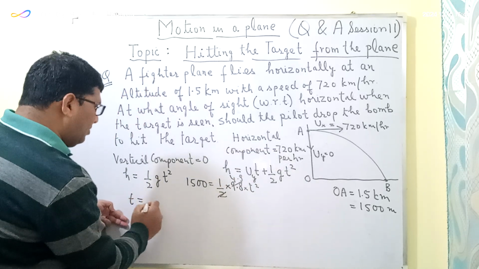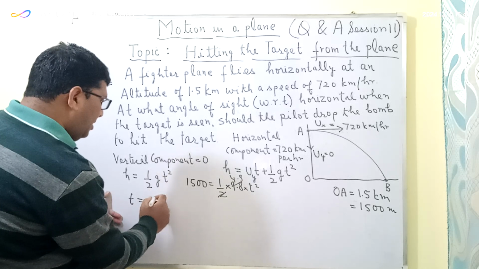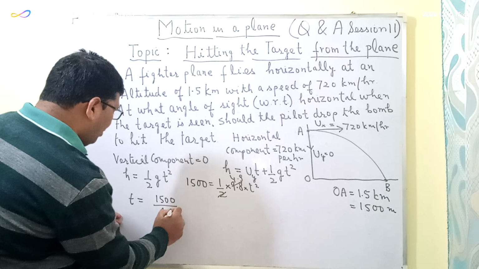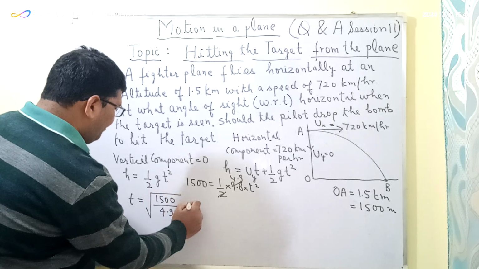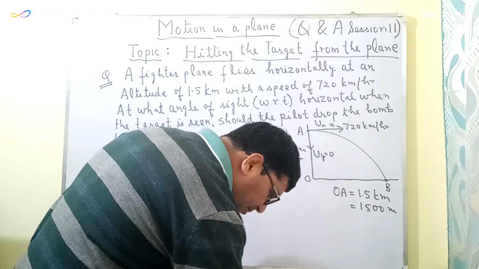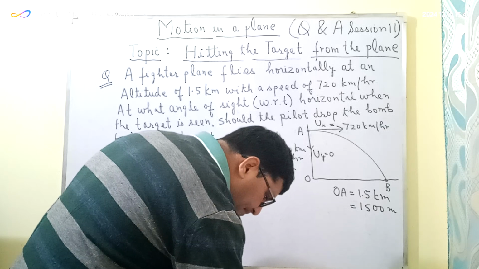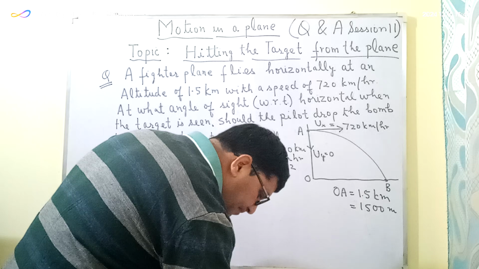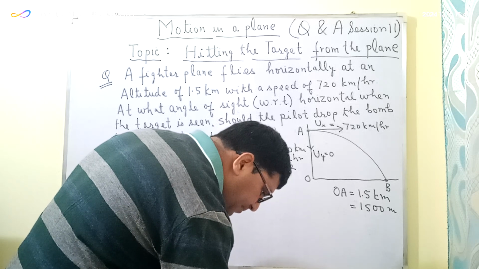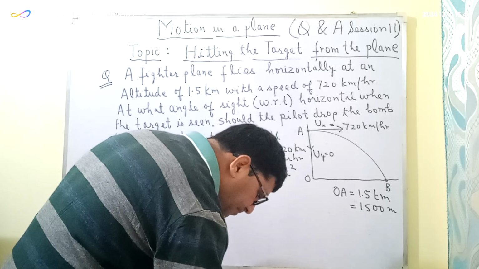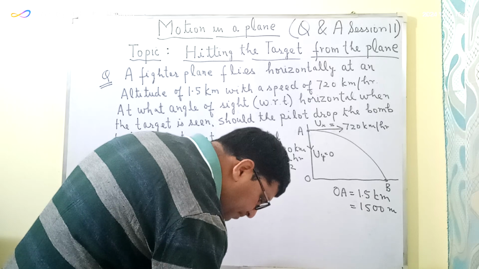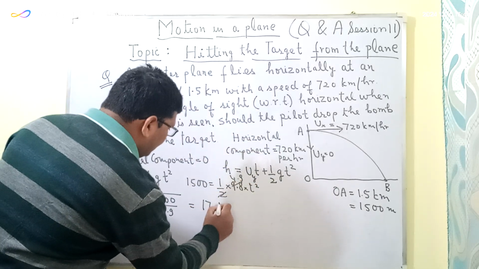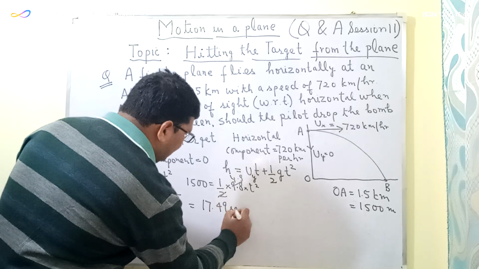So t will be equal to the square root of 1500 divided by 4.9. So if I calculate this value, this is equal to 17.49 seconds.